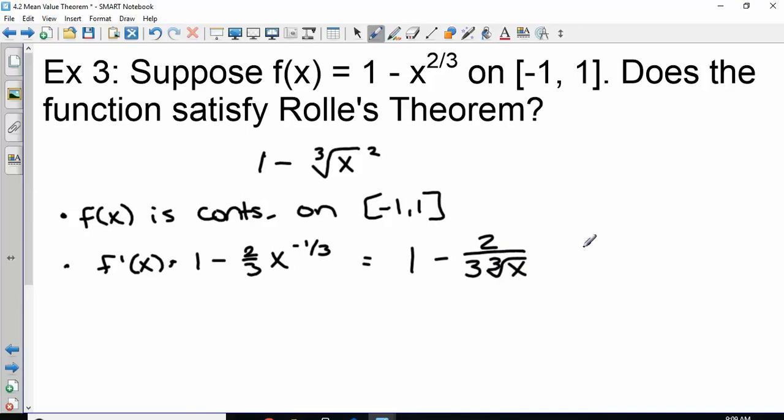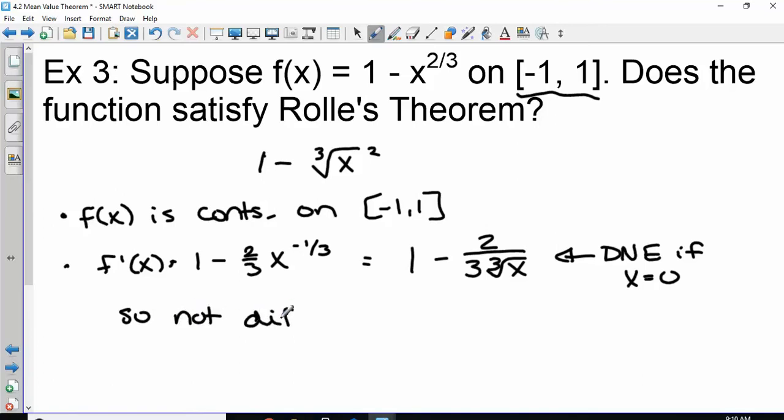When is that undefined? x is 0. This does not exist if x is 0. So is it differentiable everywhere between negative 1 and 1? We can't use Rolle's theorem.